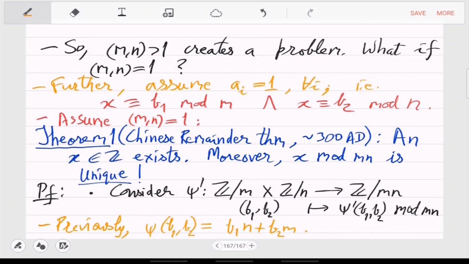Yeah, so the thing is that what did you want to solve? You wanted to find an x such that x is B1 mod m and B2 mod n. Right? If you use this function, the one which we used in the previous class, B1n plus B2m, what is it mod m? Mod m, it is B1n. It is not B1.